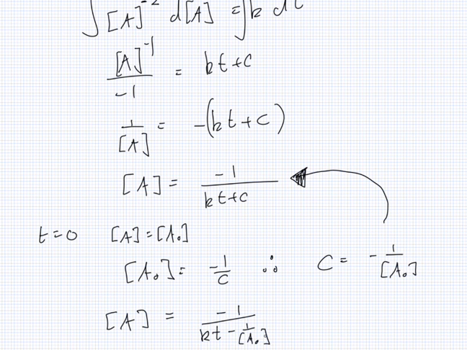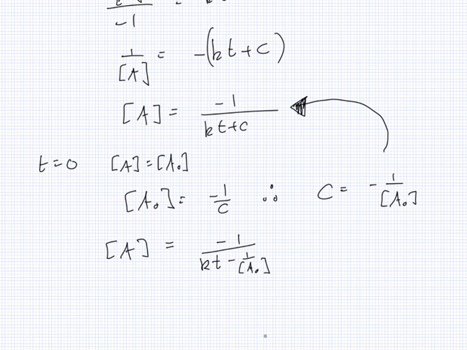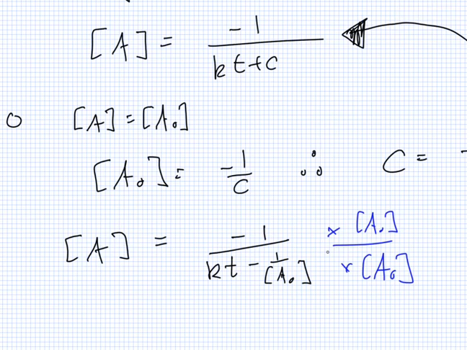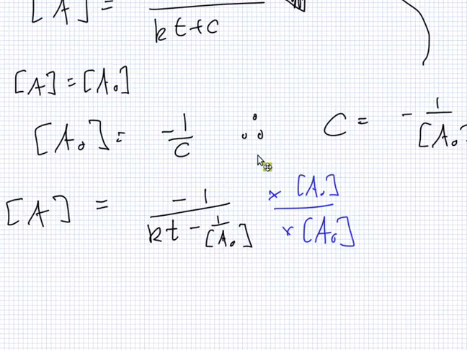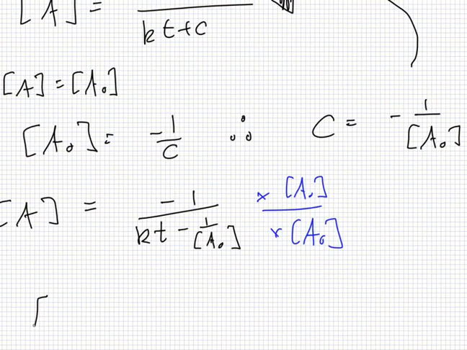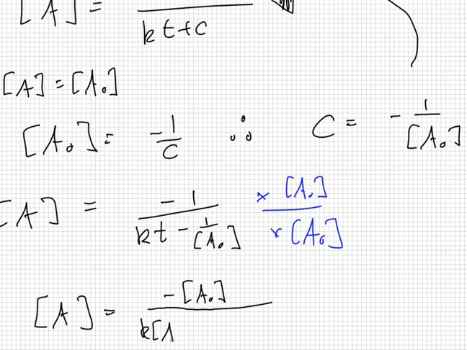Now I'll clean this up a little bit. What I'll do is I'll multiply the top by A0 and the bottom by A0. So I get concentration equals minus the concentration at the start all over K times concentration at the start times T minus 1.